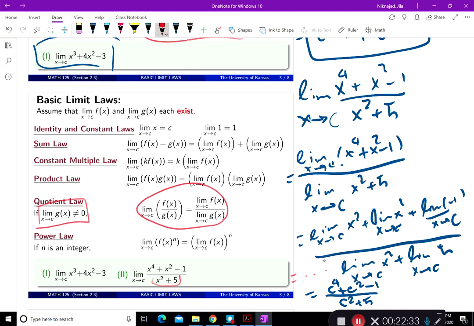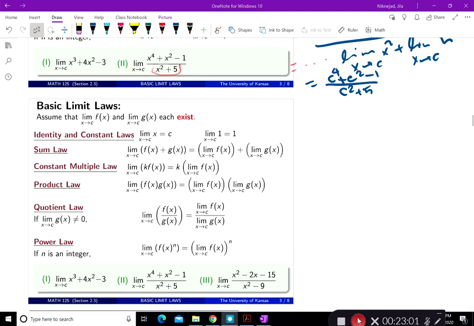If I have a quotient function with a polynomial on top and a polynomial on the bottom, all I need to do is plug in the value that x approaches, direct substitution, to get the value of the limit of this more complex function.